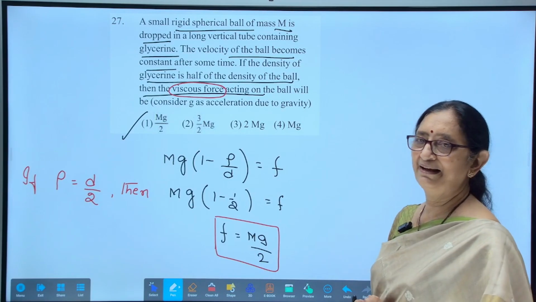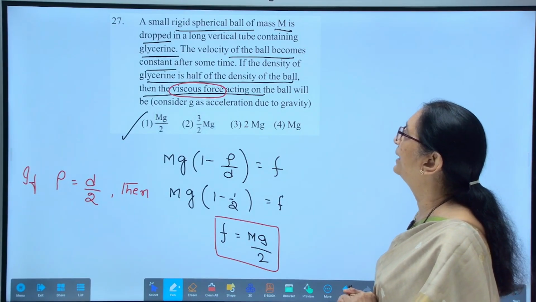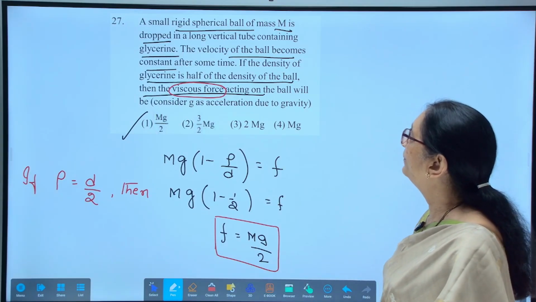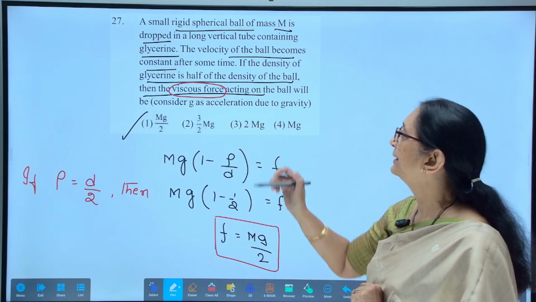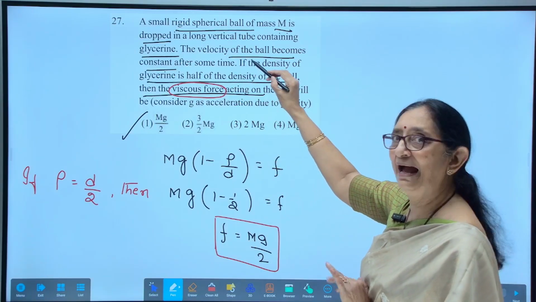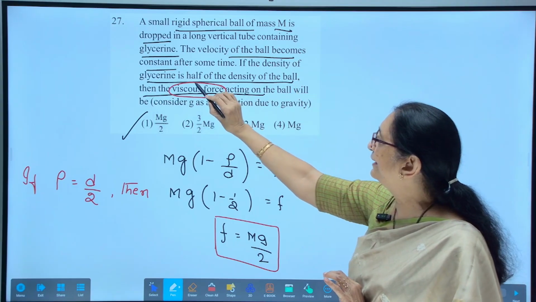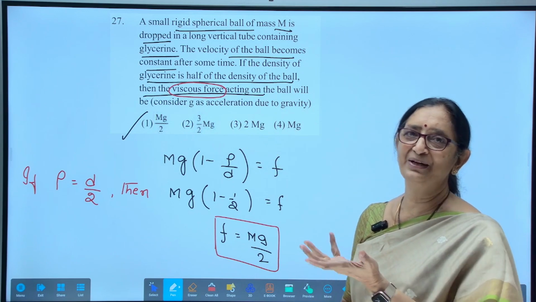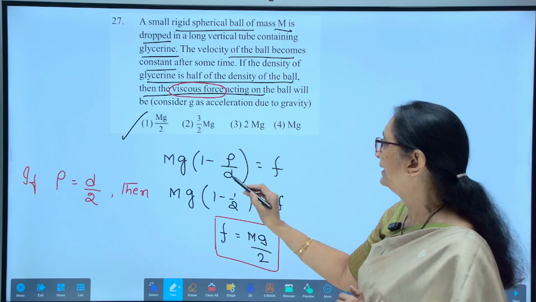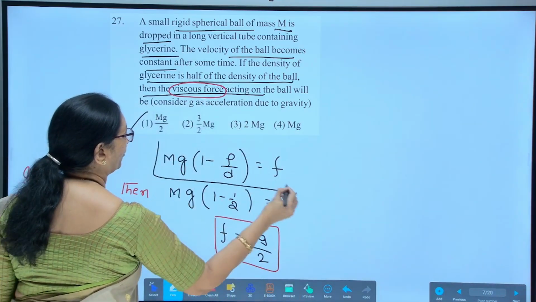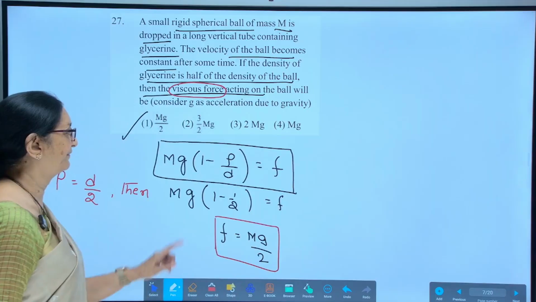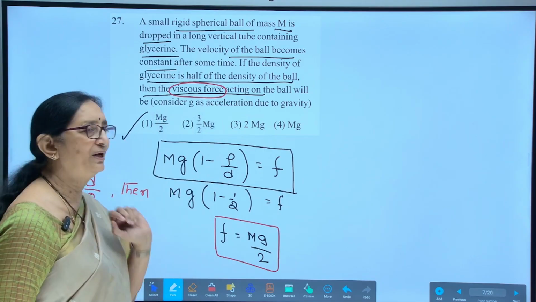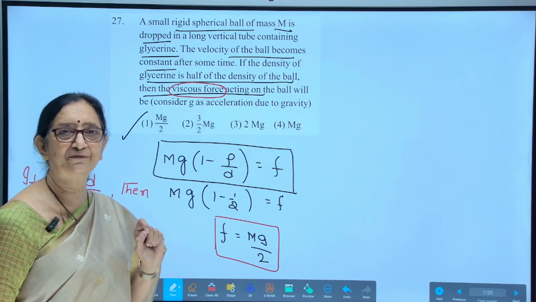Again, 27th. A small rigid spherical ball of mass m is dropped in a long vertical tube containing glycerin. The velocity of the ball becomes constant, that means it attains terminal velocity after some time. If the density of glycerin is half the density of the ball, viscous force. See, here we have seen so many problems already on this. mg into 1 minus rho by d is equal to F. mg is the weight of the ball dropped into the liquid, rho is the density of the liquid, d is the density of the object.